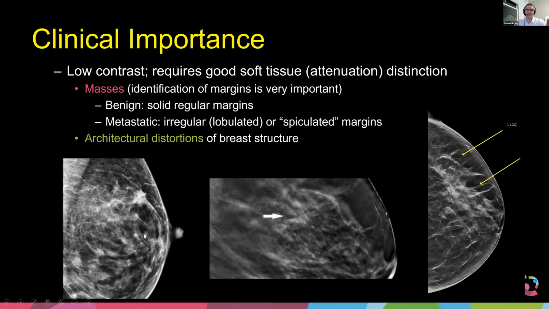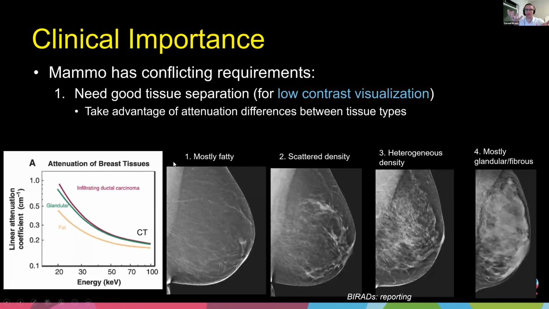And so because of this inherent conflict of needing to see the microcalcs, this high resolution, and the low contrast mass and architectural distortions, we have to be able to balance what we can do with good mA and good resolution. So we're going to talk about that. So that was just trying to set up the need to discuss this.